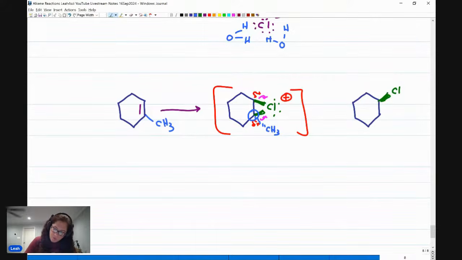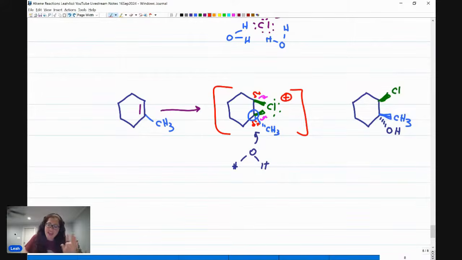The methyl group that is over here gets pushed up. Why does it get pushed up? Because water, the incoming nucleophile, is coming in from the bottom, pushing the methyl up so that it can attach on the opposite side. And that means the two incoming groups, chlorine and OH, are on opposite sides. That is how we get the anti-addition, even though we never saw a carbocation intermediate.